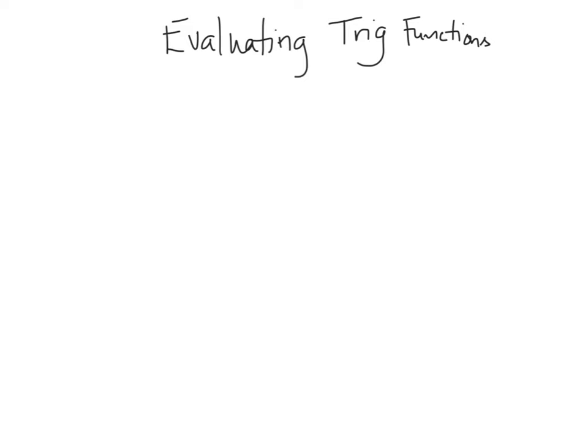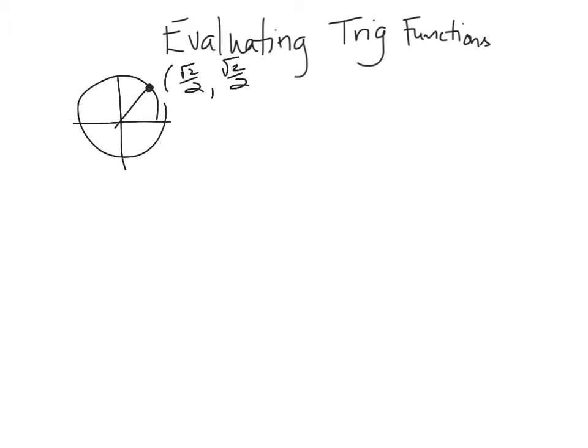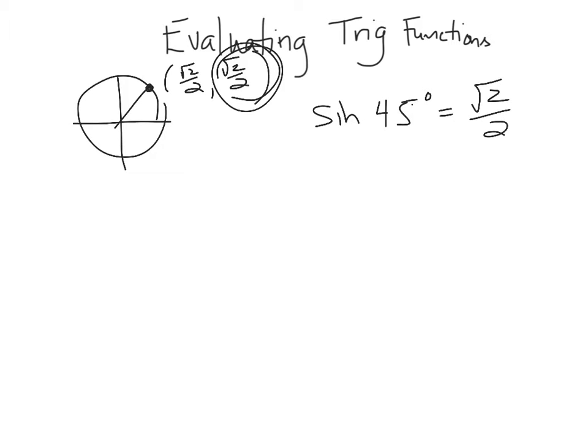So, if I gave you this circle, and at 45 degrees, it's square root of 2 over 2, square root of 2 over 2. So if I say what is sine of 45, it's just the y coordinate at 45 degrees. So we should be able to solve anything from 0 degrees to 360 because that's a full circle.